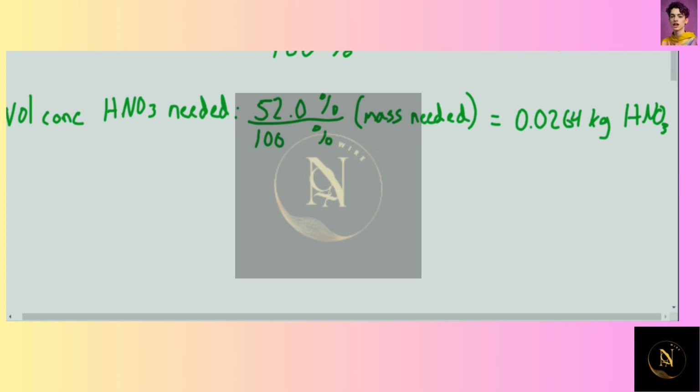So if we divide both sides by 52 over 100, then this value comes out to be 0.0508 kilograms of the 52% solution.